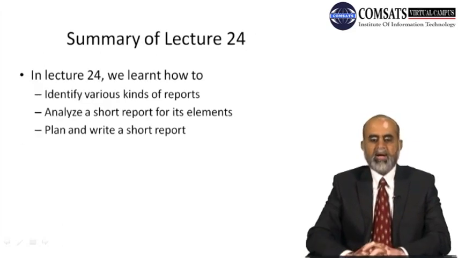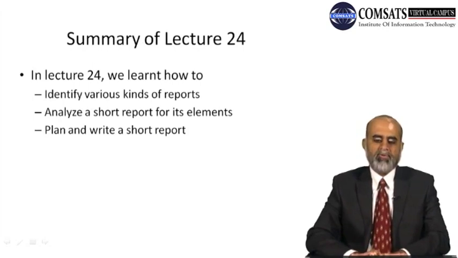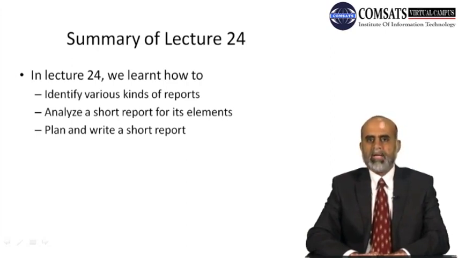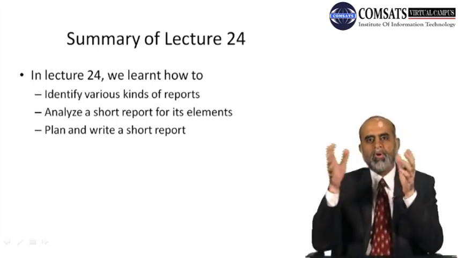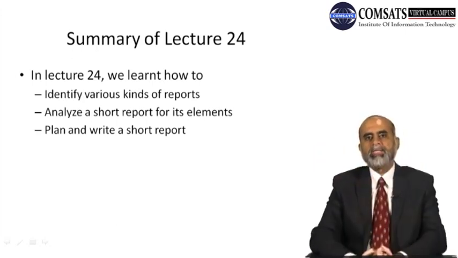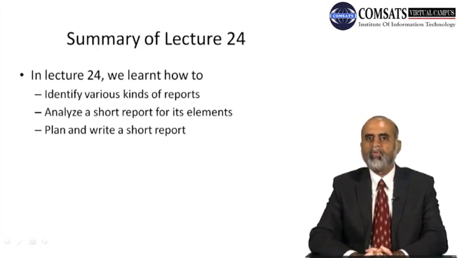We look at the summary now. In lecture number 24, we learned how to identify various kinds of reports. We looked at different kinds of reports like bank report, sales report, medical report, legal report, financial reports, assessment reports, event reports, and then we classified them into 4 different kinds of reports.